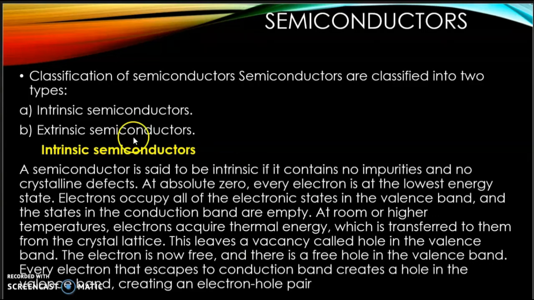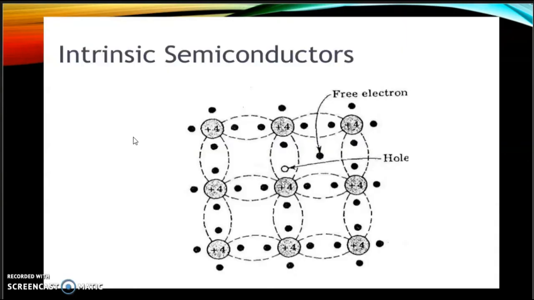So let's explain this with a diagram. In intrinsic semiconductors, we are saying semiconductors have 4 electrons in their outermost orbital. So now we can see these 4 electrons forming bonds with neighboring orbitals. But let's see this electron here.